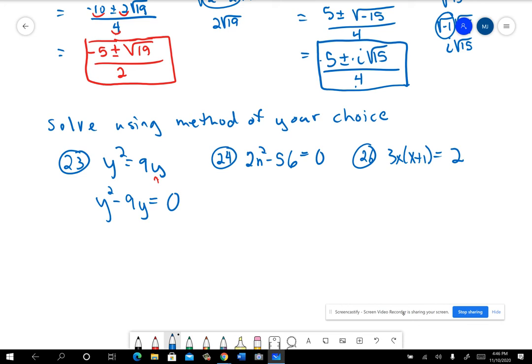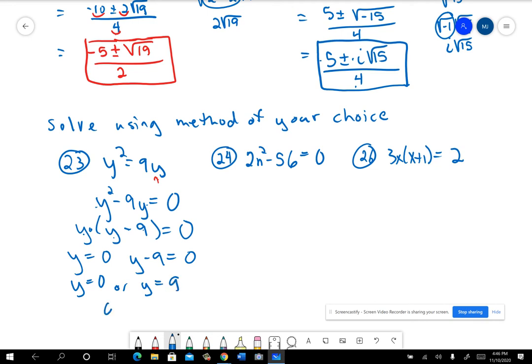And I might try to factor this, because this just has a common factor of y. So when you factor that out, there's a y minus 9 left. There's the times in between those two factors. So you set those equal to 0, and you get your two solutions, either y equals 0 or y equals 9. So there's your two answers to this one.